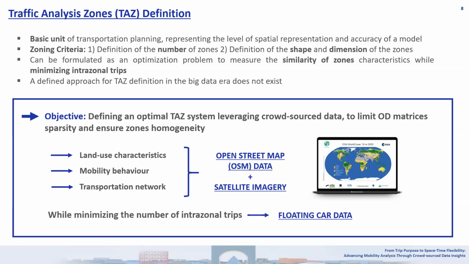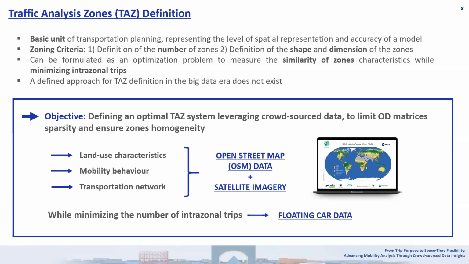So we can consider traffic zones as the basic units of transportation models, which are representative of the spatial aggregation level that we want in our study. And this is strictly tied to the accuracy of our models after that. So usually, what do we do to define our zoning system?